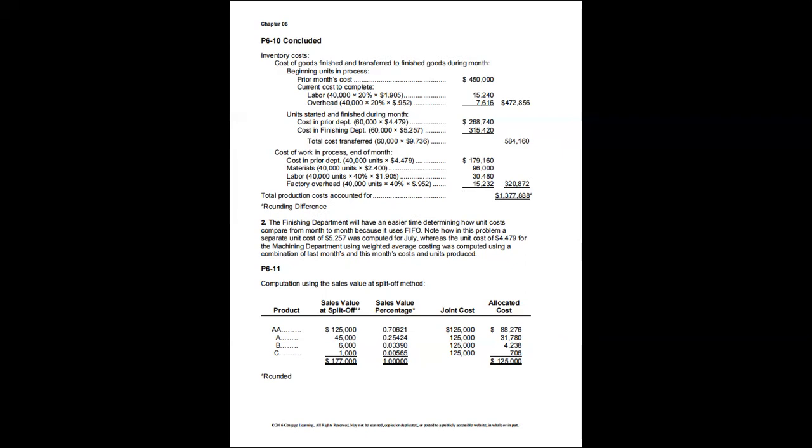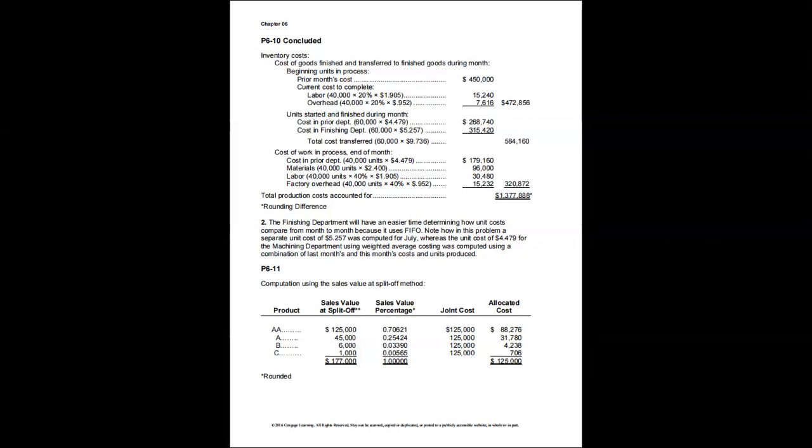So we now have the total joint cost for the batch of $125,000. So total joint cost for the batch were $125,000. Compute the cost allocation for each product using the sales value split off method. Round sales value percentages to 5 decimal places.